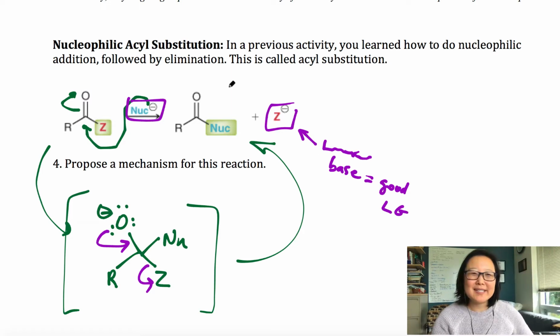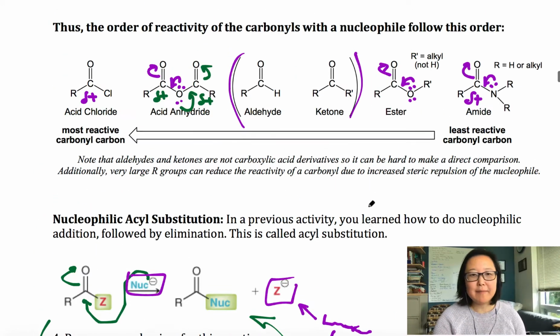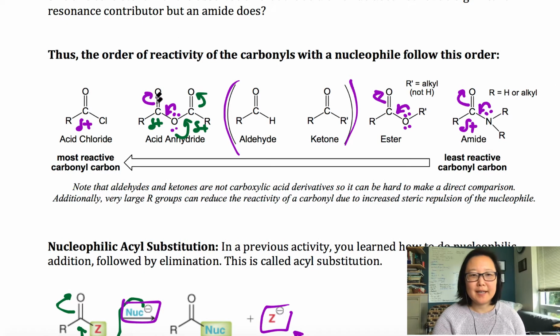Notice that acyl substitution means we're going from a carbonyl to a carbonyl, but we're just changing the group attached. So we could take an acid anhydride and change the group attached to this carbonyl into an ester, or change the ester into an amide. But it tends to go this way because the more reactive compounds are more susceptible to changing.